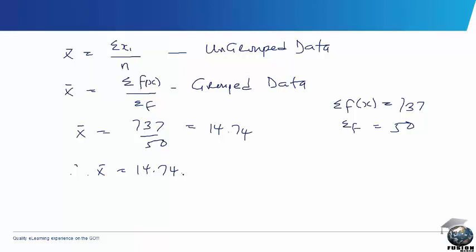We can still talk about other aspects of grouped data, because we can find the variance too. We can as well find the standard deviation. But we want to say especially that data are used for plotting the frequency distribution, the histogram.